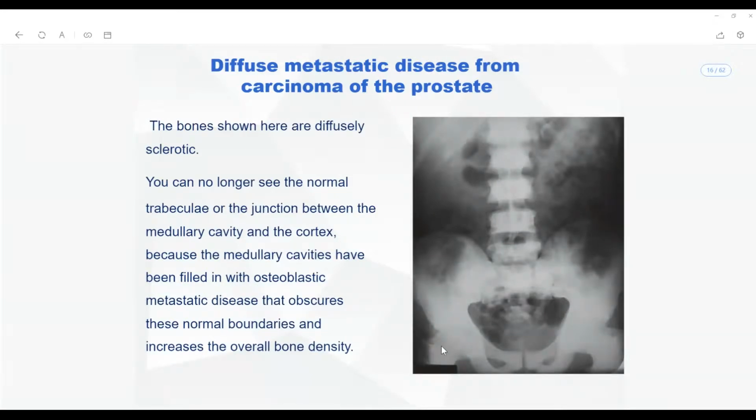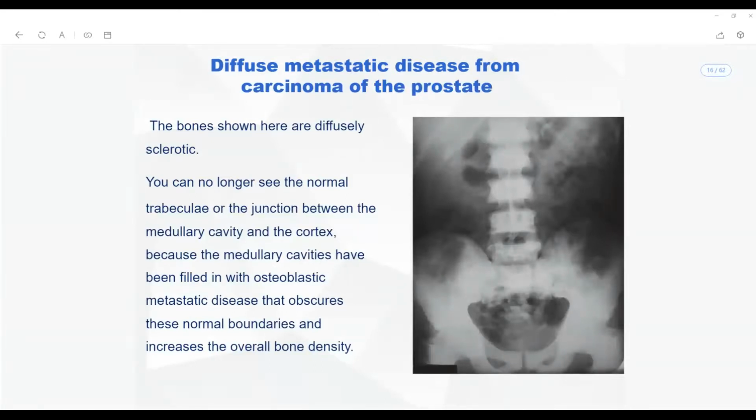There is an increase in the density of the bone trabeculae, which makes them look much whiter. So obviously you can say this is a diffusely sclerotic bone shadow. Yes or no? Such a condition suggests you are not looking at a bone problem here, but at a metastatic deposition inside the bones. Did you understand this point? Yes or no?